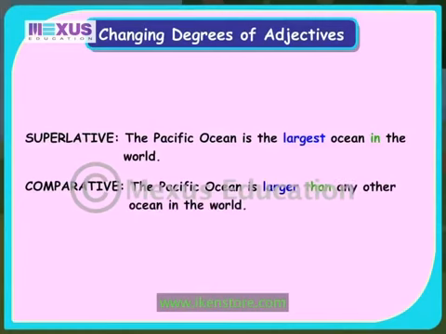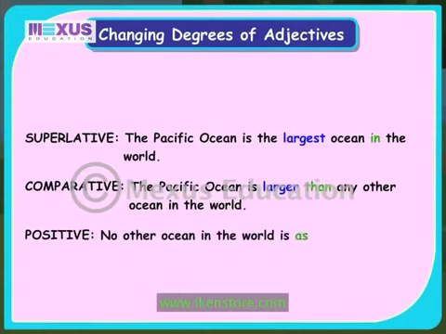On changing the adjective to the positive degree, we get no other ocean in the world is as large as the Pacific Ocean. Thus, in spite of changing the degree of the adjective, the meaning of the sentence in all three cases does not change.